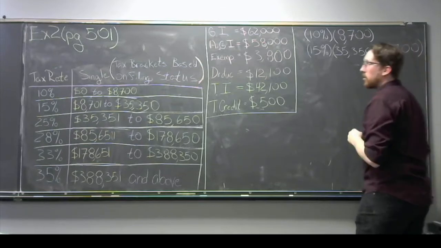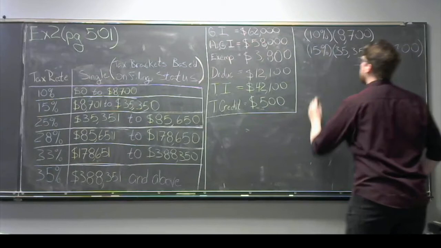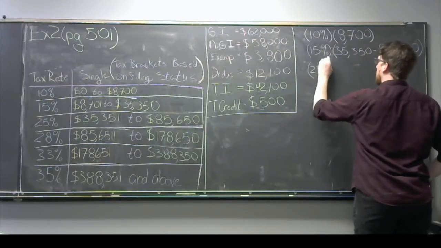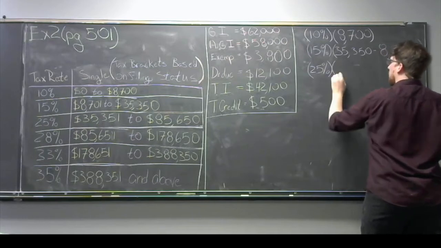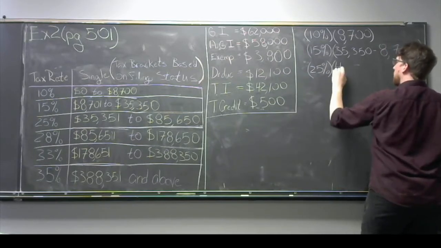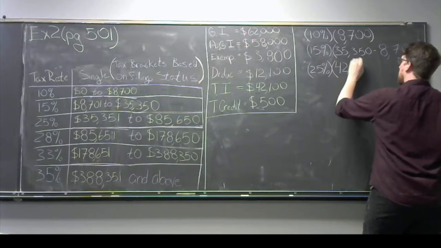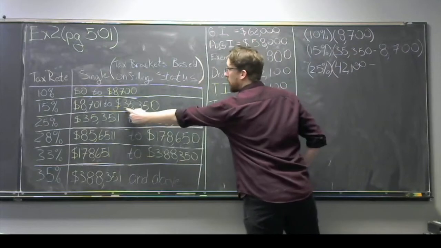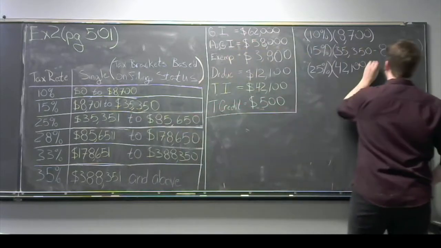And we're going to take the remaining amount and tax it at 25%. So that remaining amount is going to be $42,100 minus this $35,350.